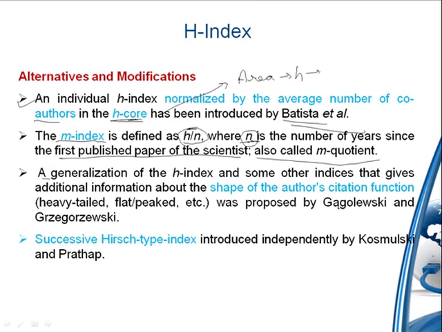Another modification, a generalization of the H index and some of its indices, gives additional information about the shape of the author's citation function, for example heavy-tailed, flat, peaked, etc. It was proposed by two authors, Jaglowski and Gregorowski.